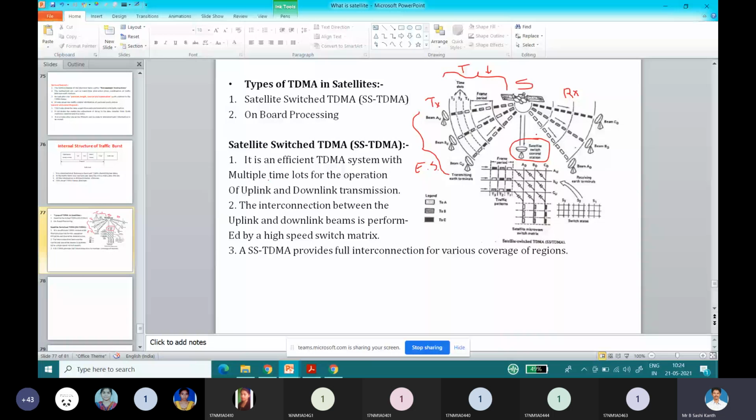It will send the data from the earth station to the satellite in terms of frames allocated in the given time slots. The signals are transmitted from the earth station to the satellite.